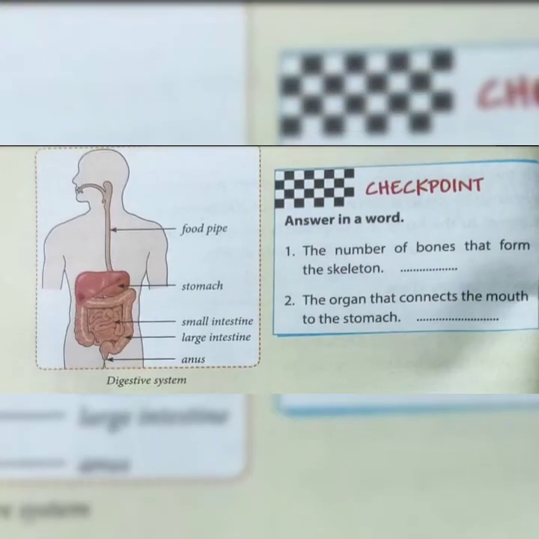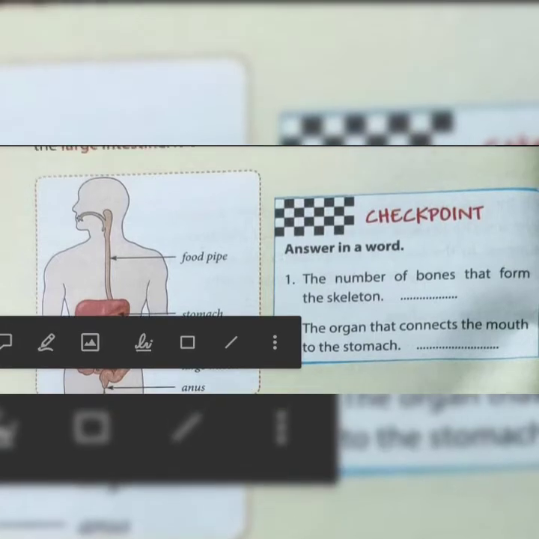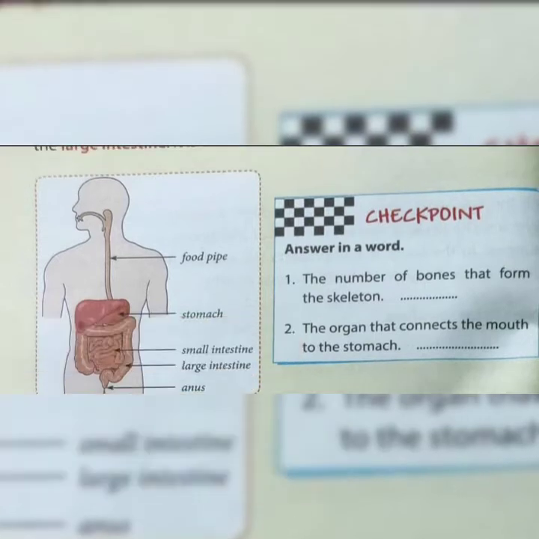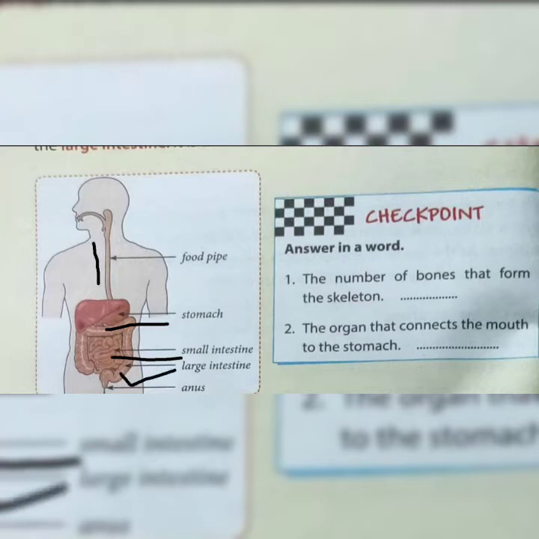See the digestive system of our body. This is the food pipe. This is the stomach. Then it comes down to the small intestine, then the large intestine, and lastly to the anus.